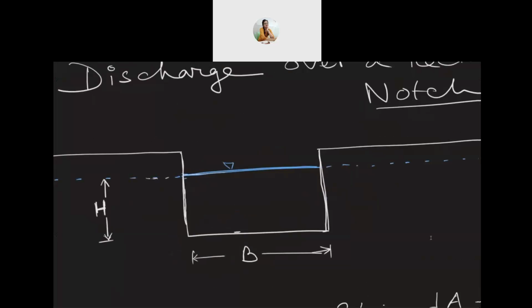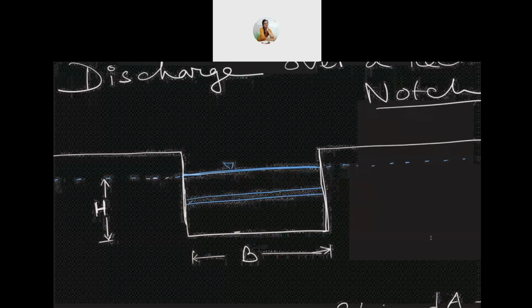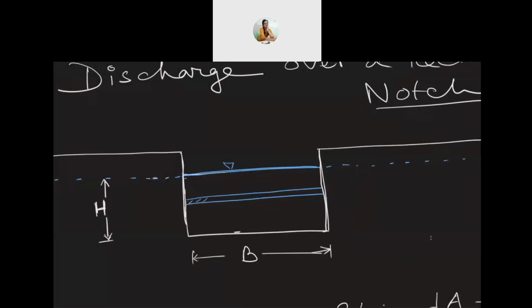For that, we're going to divide this whole cross-sectional area through which flow is taking place into elementary strips. So let us consider one elementary strip, a horizontal strip, because along a horizontal line, the velocity is going to be the same as we have considered.